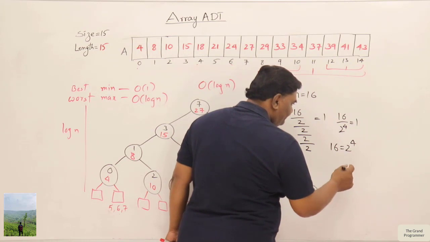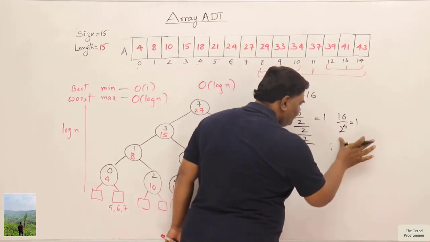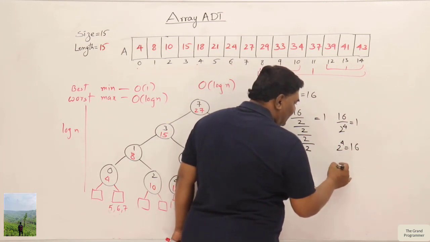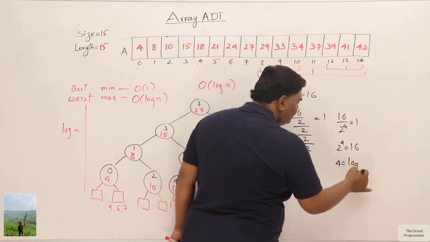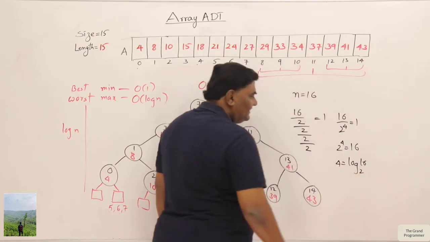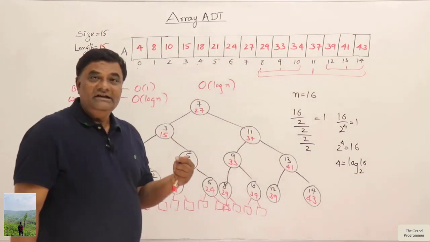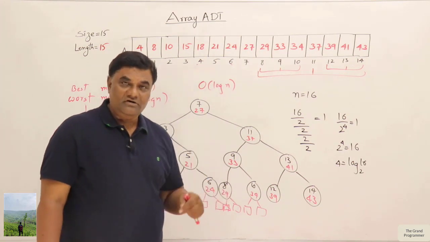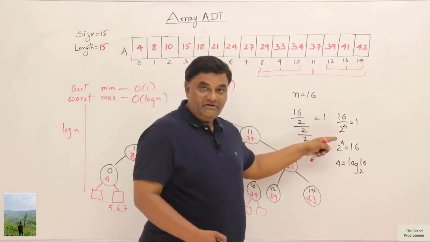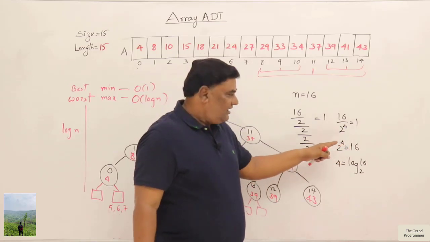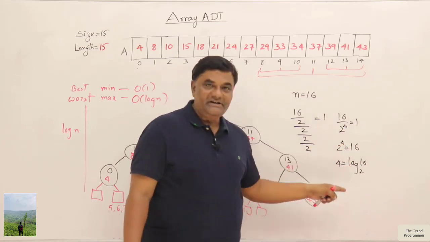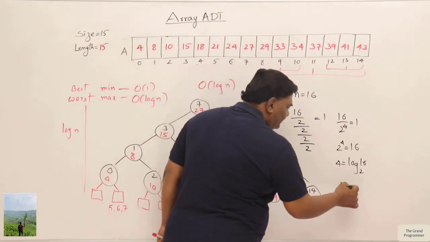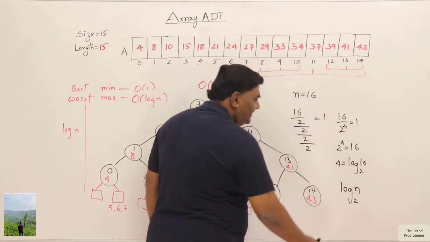So 2 power 4 is equal to 16, and 4 is log 16 base 2. Actually the inverse of power is log. So 2 power 4 is 16. Then how much is 4? It is log 16 base 2. So log n. This means the time taken is log n base 2.